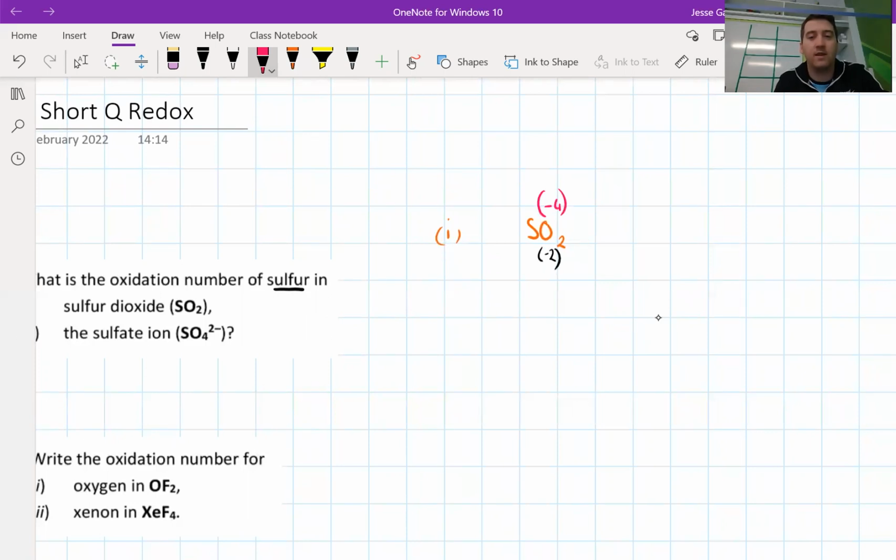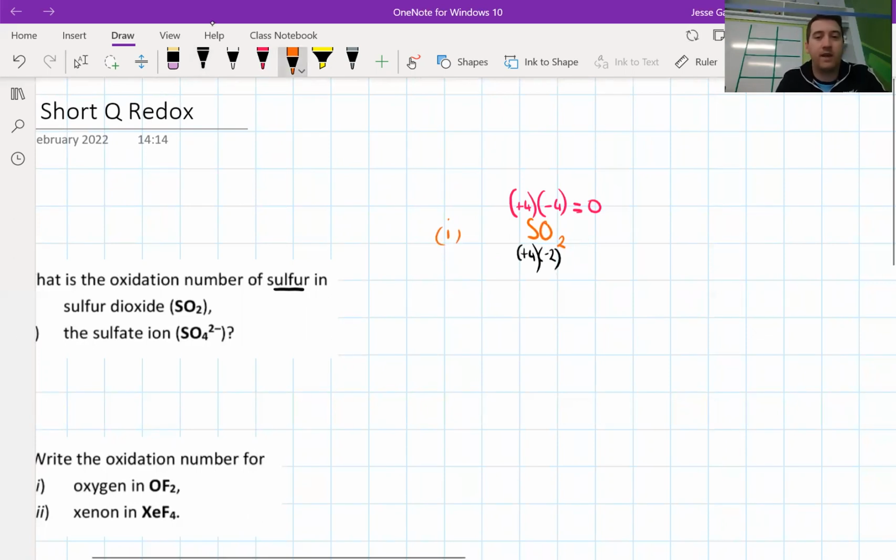There's another rule that says that the sum of oxidation numbers must add up to 0. So to make this add up to 0, that means the sulfur has to be +4. So +4 minus 4 equals 0. There is 1 sulfur, so this sulfur is +4. Well done if you got that right.